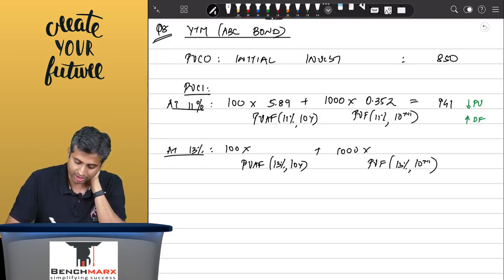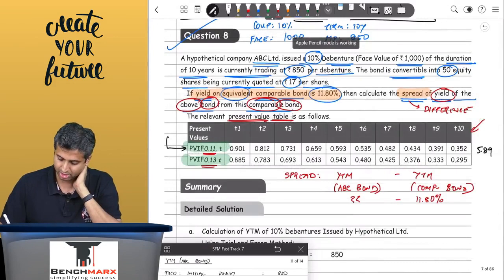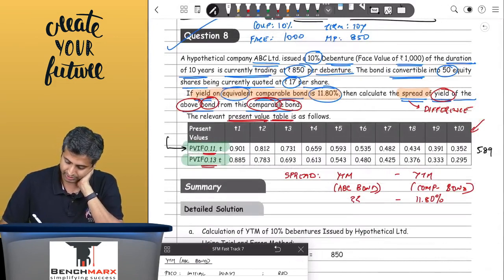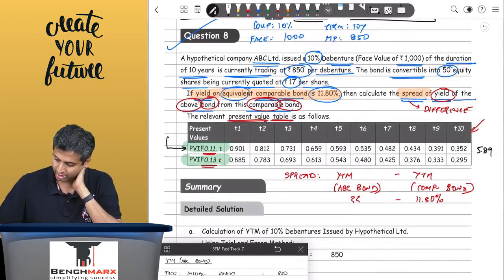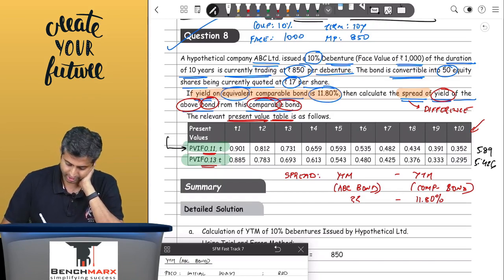So the number that is given over here is 0.295, and if I take the total: 0.885, 0.783, 0.693, 0.613, 0.543, 0.480, 0.425, 0.376, 0.333, 0.295, and hence I guess this is 5.426.